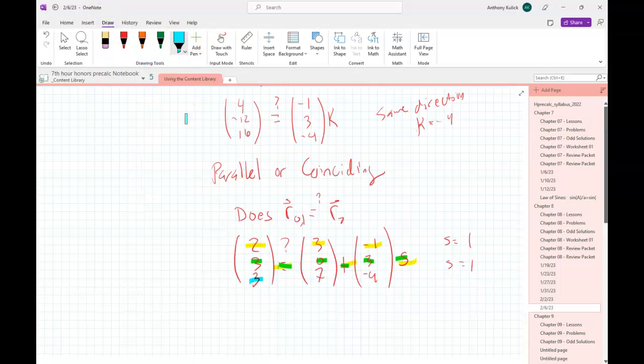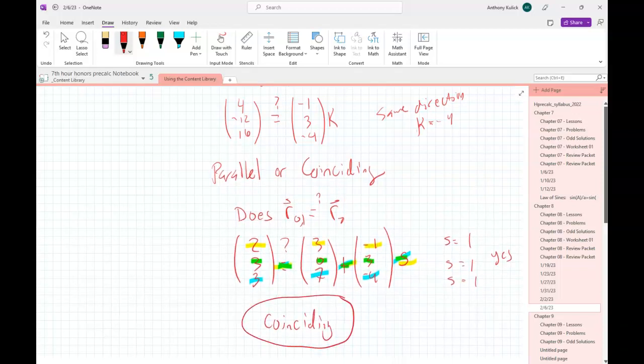And then 3 equals 7 plus negative 4s, and I get s is 1. So what does this say? That the point from the first line lies on the second line, and if one point is the same and they have the same direction, all their points are the same, we're coinciding.